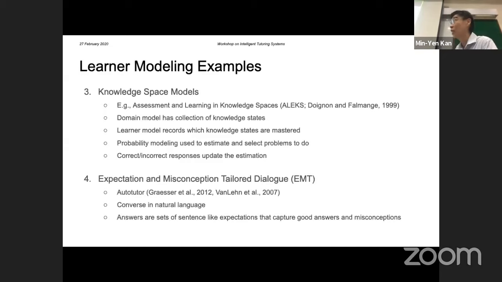Anything to add? Yeah, so the knowledge-based model, like Chee said, is similar to the first one where it's more path-based. But instead of expressing steps, we express the states that the learner can be in. Okay, so not the actual steps, but what types of cognitive states could they be in? Like having the misconception that the carry doesn't need to be reset would be a particular state.